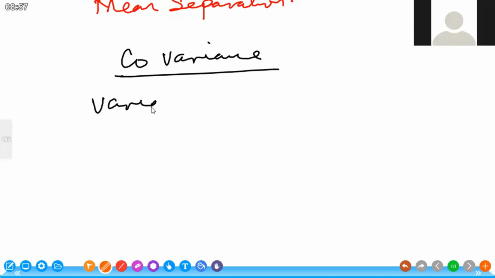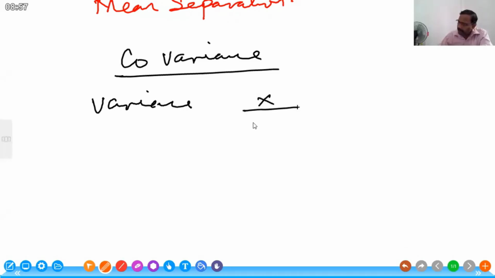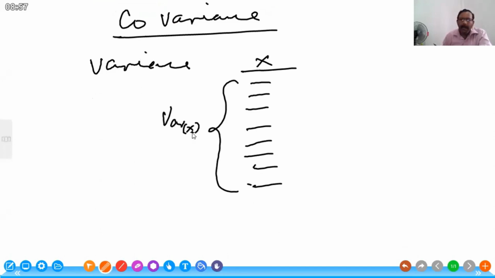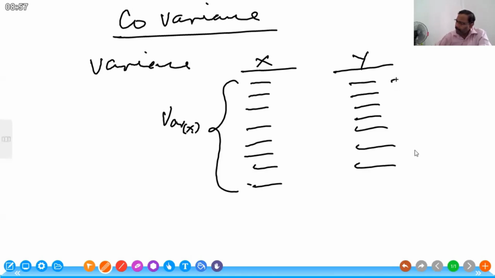What is this? Variance. I have a variable x, some values. This is the random variable x. If I calculate the variance of this, it is called the variance of x. Let's say if I have another variable y, I calculate the variance of y, it is called the variance of y.